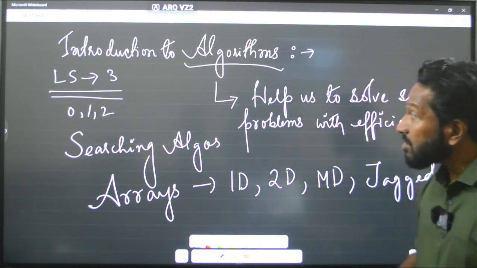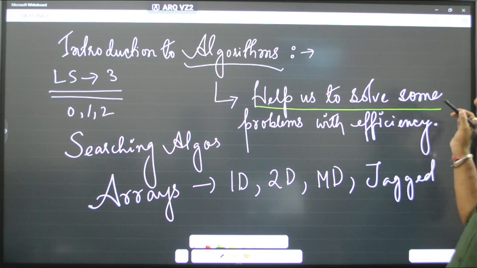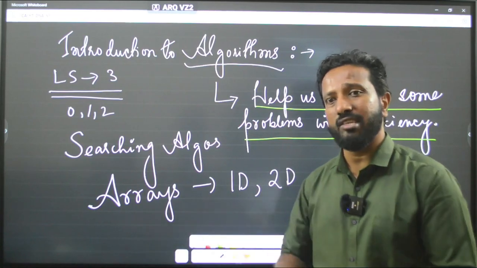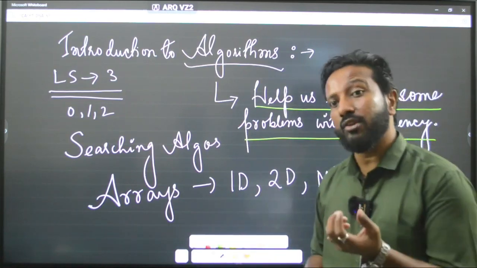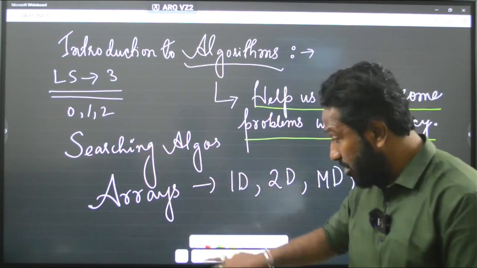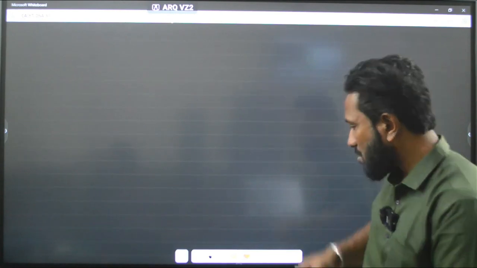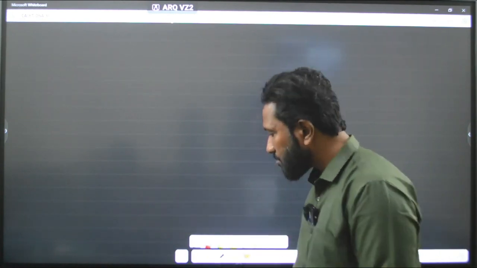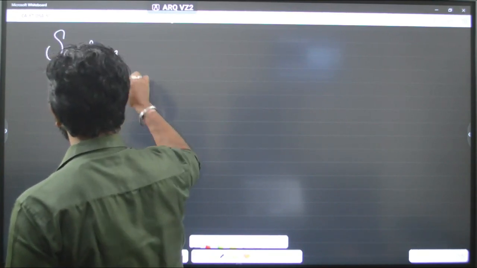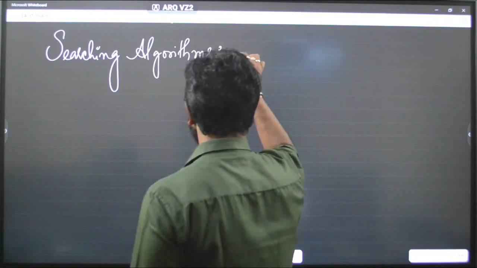Fine. So, as I was saying, an algorithm is a technique that helps us to solve some kind of problems with efficiency. The efficiency can be more or less depending on the time taken by that algorithm to complete. As I said, today we will be starting with searching algorithms.